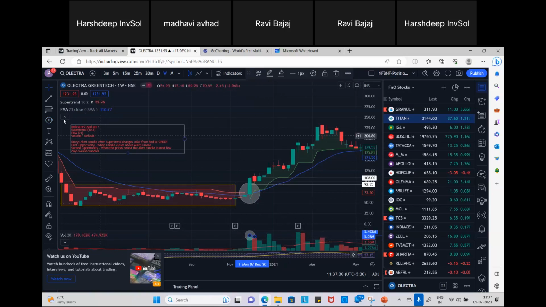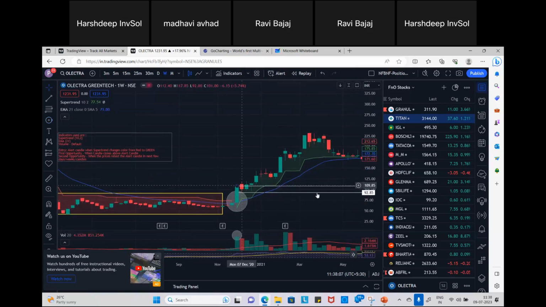And additionally, you also got the retest here, and the high has also been broken. So either of these is your entry condition criteria. If you take the retest, you can get somewhere close to 92 rupees, which is still not very far down. Otherwise on close it is 108 rupees. Now consider that we have entered at 108 rupees.